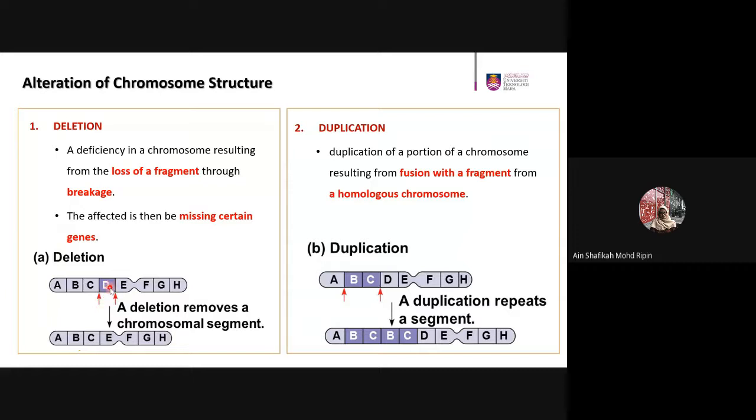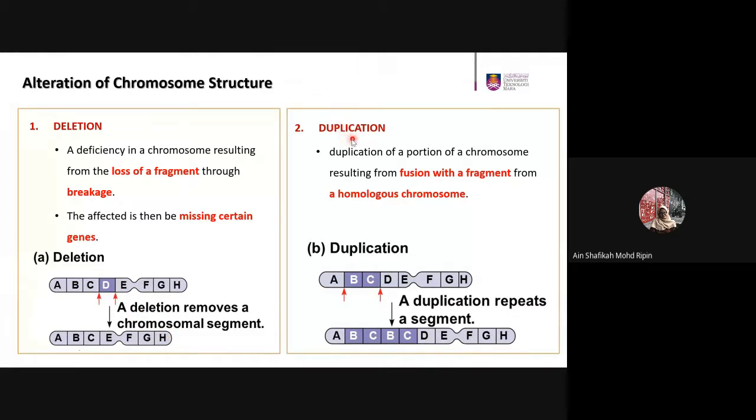That is deletion. If here it codes for the production of your legs and arms, then without this region, you won't develop legs and arms there. So that is the effect of deletion of a chromosome segment.